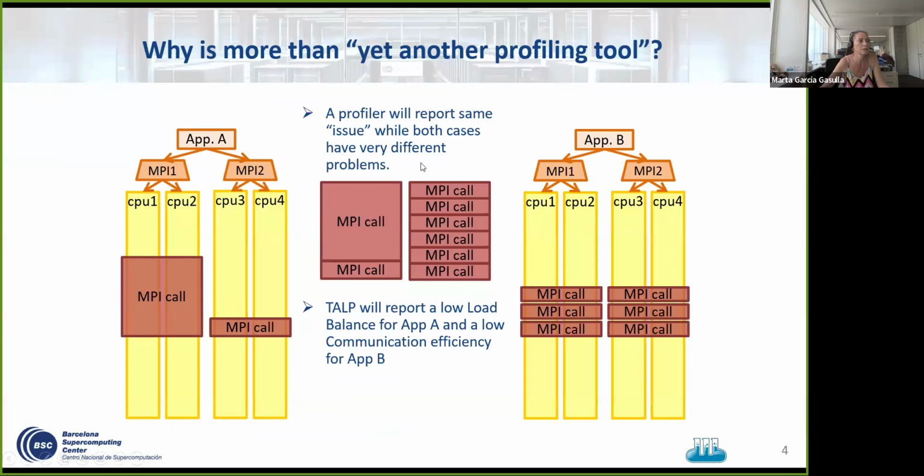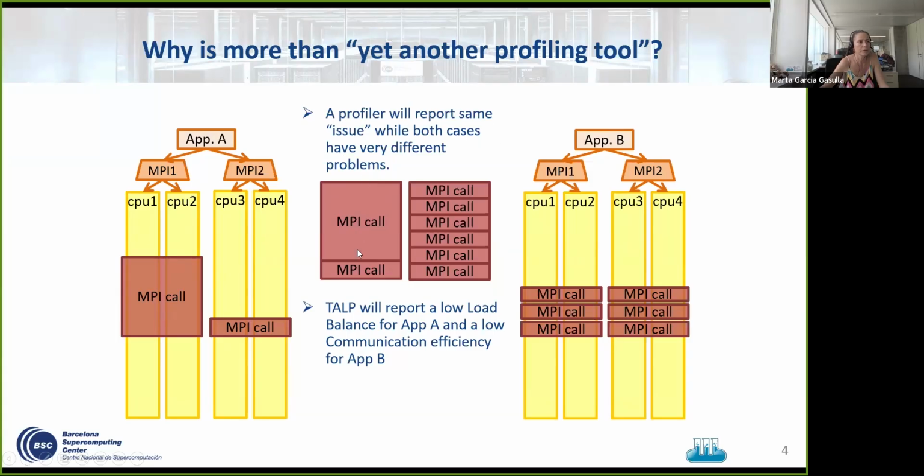This is a problem that can be seen in this example, where you have an application that has a load imbalance between the two MPI processes. One process has more work than the other, and the first one needs to wait for the second one to finish. You have another application where both processes have the same balance, but they have a lot of MPI calls.